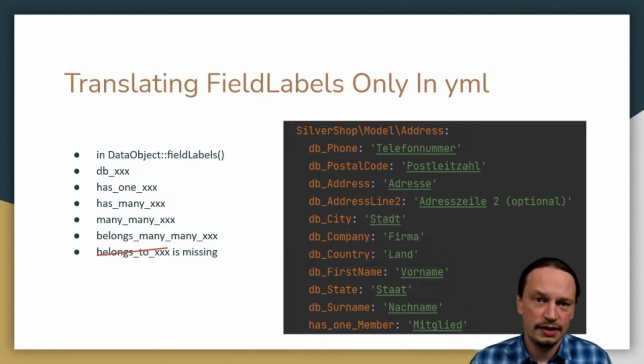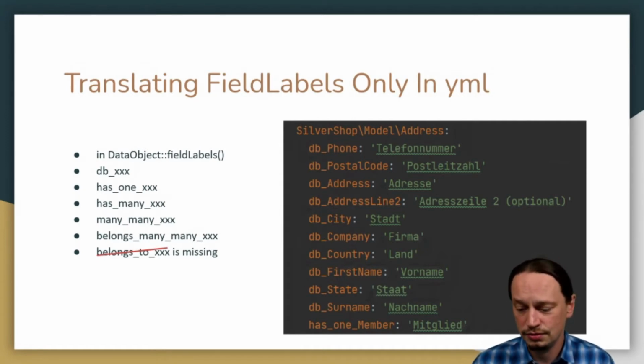And we could either write a field labels method in the address and try to give our own translation strings for that to have them translated, or we can just use the pretty undocumented fallback that's in DataObject field labels, and we can prefix it with db underscore.